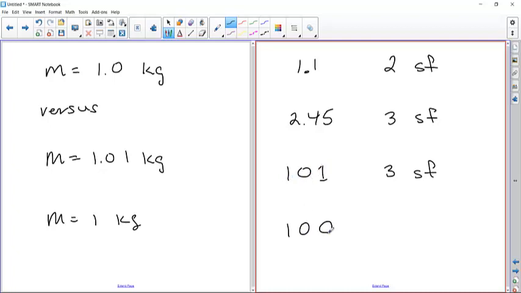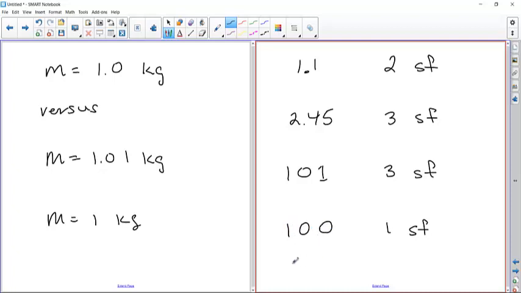Now here, this one has only 1 significant figure, because we have these zeros, but the zeros are there to show that it's 100. If I left this 0 out, it would be the number 10. So to make it the number 100, I have to put a 0 there. But by not having a decimal point, I can only say that this number is significant. These are used for place settings.